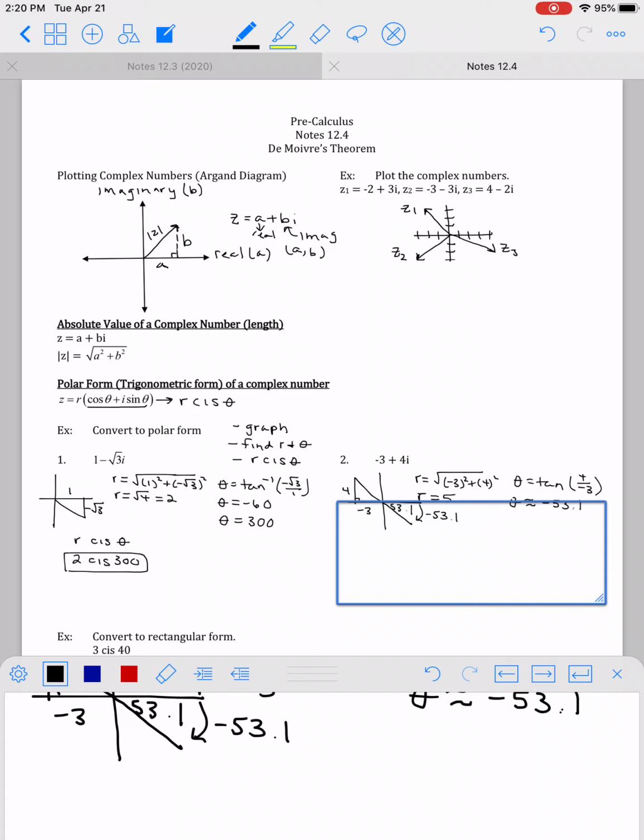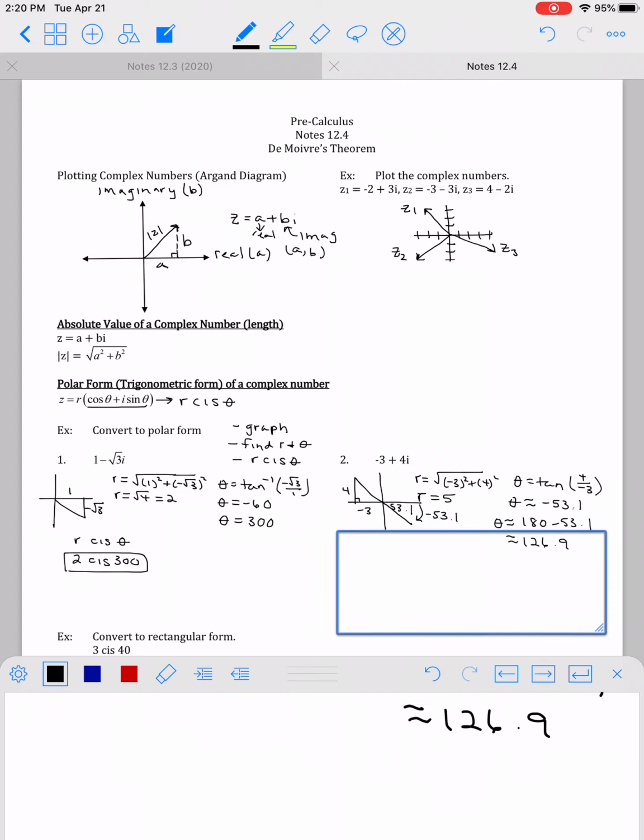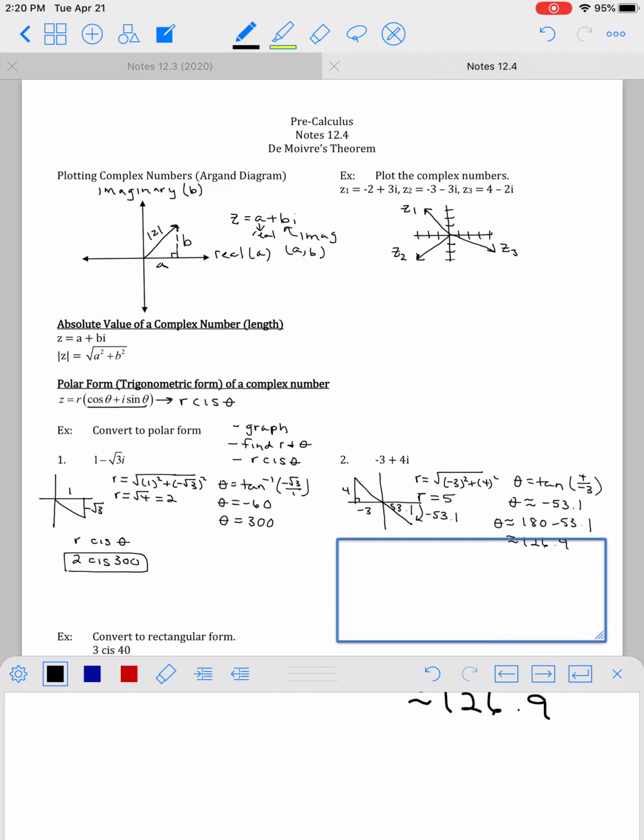And then vertical angles, the angle that I would want to use to find that second quadrant, is 180 minus 53.1, and that is approximately 126.9. And so now we're ready to put it in the format that we want, which is r cis theta. And so my r, 5, cis 126.9. And there we go.